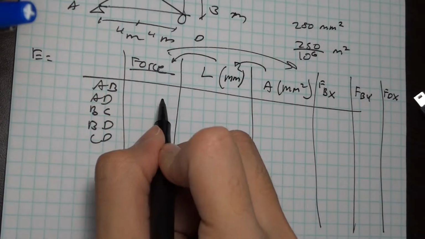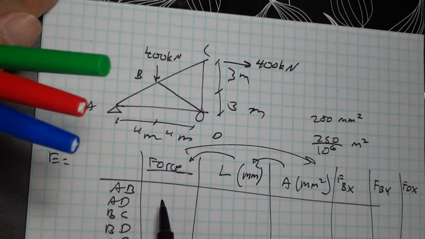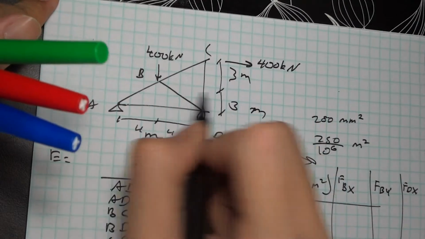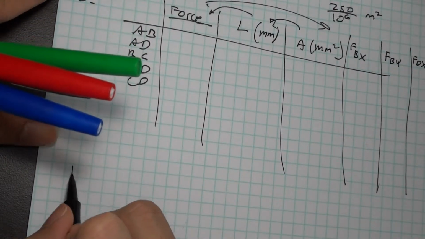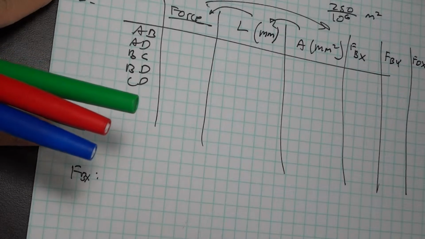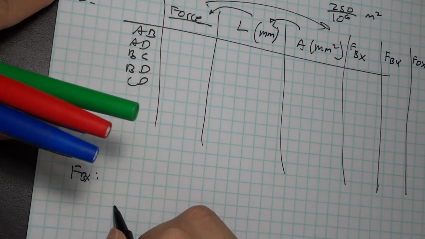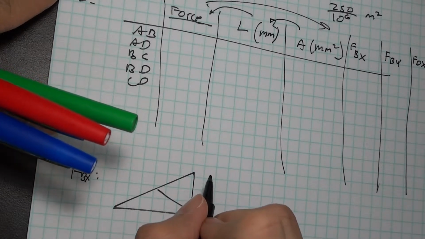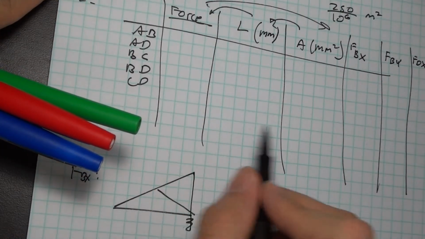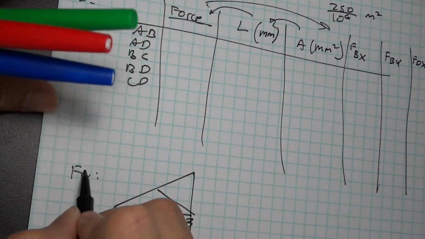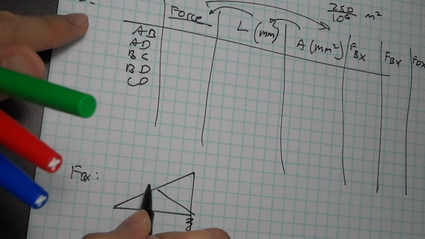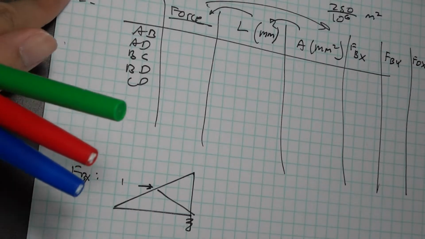Okay, so the forces here were due to the axial forces you got in every member from the forces in your original problem. To get FBX is the forces in every single member that develops due to a unit load being applied in a direction. So, for example, FBX would be a unit force at point B in the x direction, i.e. like this.